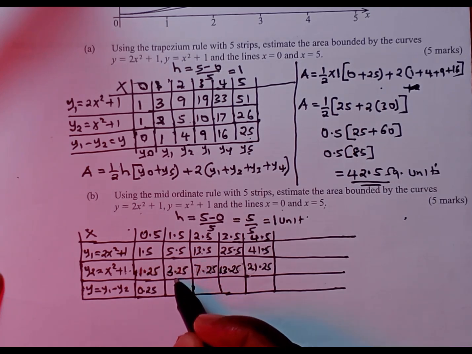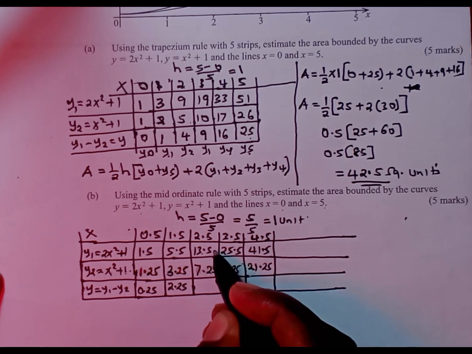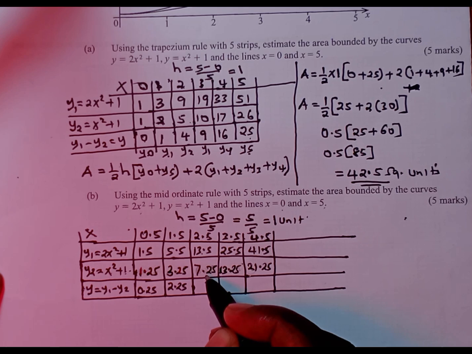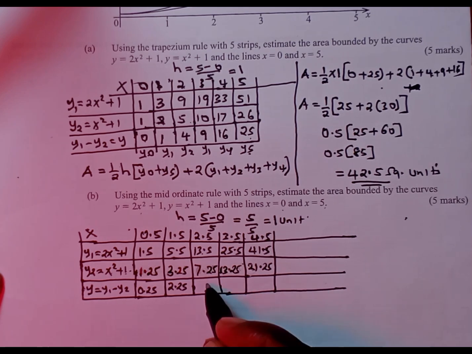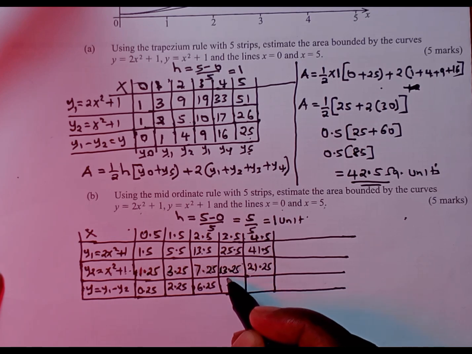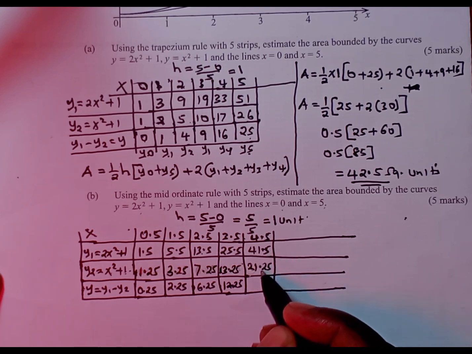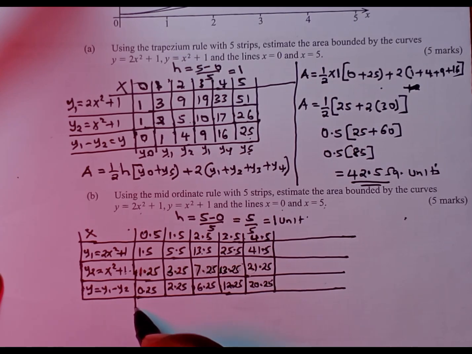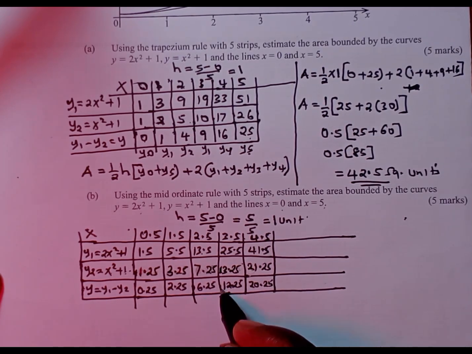Then 5.5 minus 3.25, you get 2.25. 13.5 minus 7.25, you get 6.25. 25.5 minus 13.25, you get 12.25. Then lastly, 41.5 minus 21.25, you get 20.25.